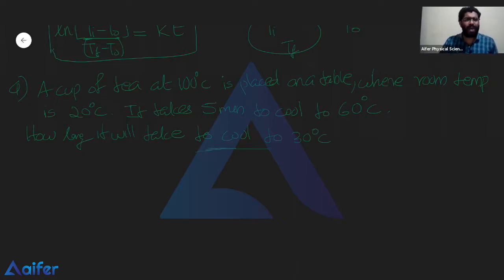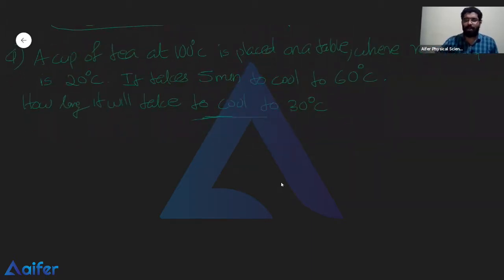So, since we are familiar with this equation, we can use it directly. Okay. So, the condition is this. Initially, a cup of tea is here. It is placed on the table. I am very poor at drawing, please adjust. This is the cup of tea. Initially, the temperature is 100 degrees Celsius.